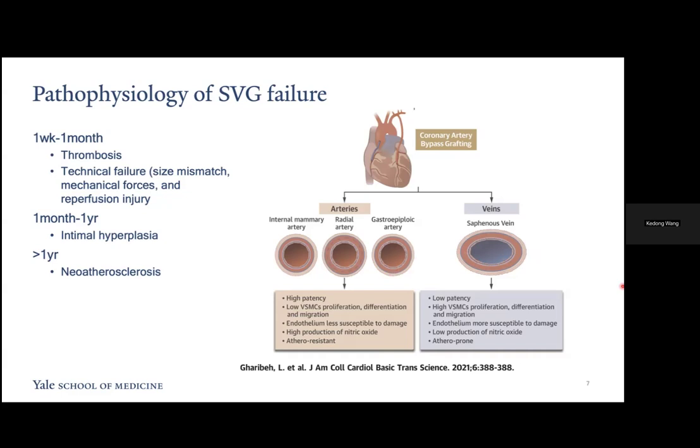There's also other studies that show that the extracellular matrix of saphenous vein grafts is richer and is therefore more prone to sort of higher expression of proteins that facilitate migration. And so there's quite an extensive literature on that, which we won't really delve into, but it's kind of a rich area of study.